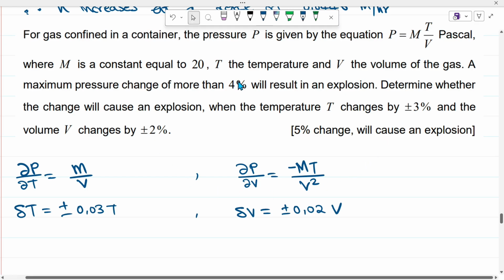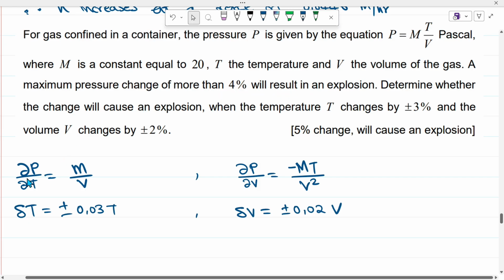So now let's rewrite our equation of the maximum, because we should determine whether the change will cause an explosion. They said a maximum pressure change of more than 4% will result in an explosion.